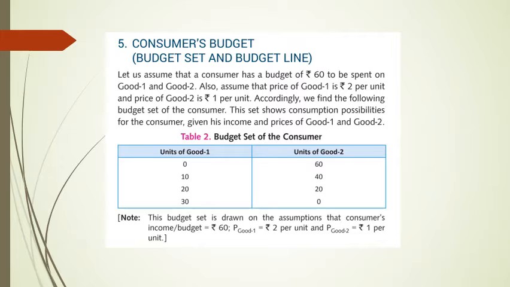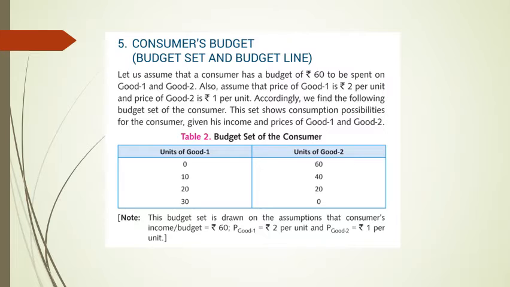This set shows consumption possibilities for the consumer given his income and prices of good 1 and good 2. So here if the consumer spent entire income on the purchase of good 1, he shall be able to purchase 30 units of good 1 because the price is rupees 2 per unit.